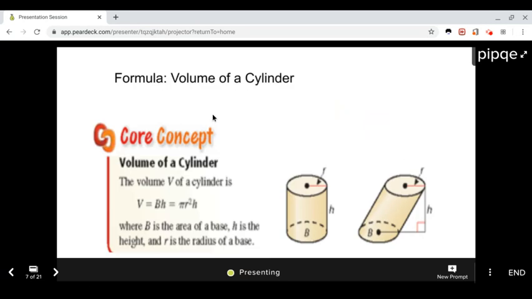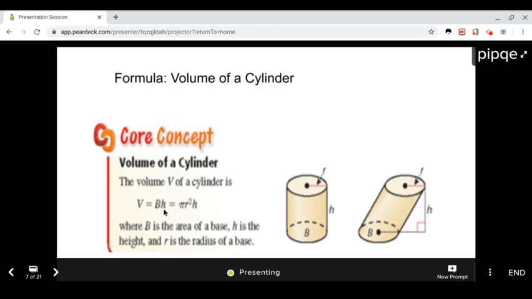Okay, so now we're going to move on to the volume of a cylinder. Now it's the same thing, it's base times the height, but in this case, since we are working with a radius involved, the base is a circle, so we're finding the area of the circle, which is pi r squared, times the height.